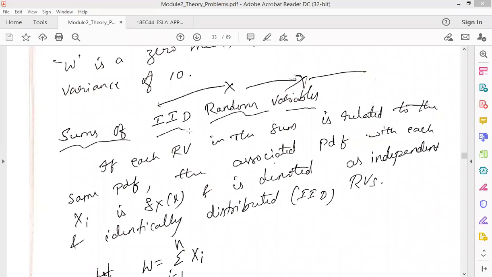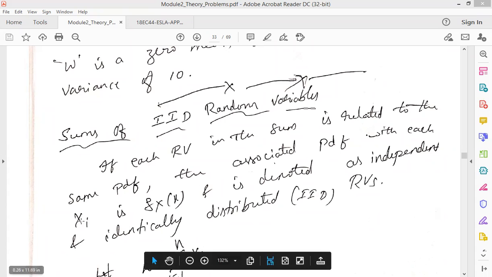As I told, in this method each random variable in the sum is related to the same PDF. The PDF associated with each random variable xi can be represented as fx of x, and this case is considered independent and identically distributed.